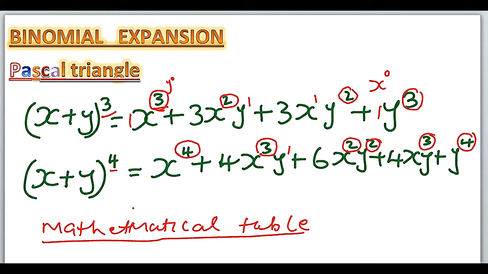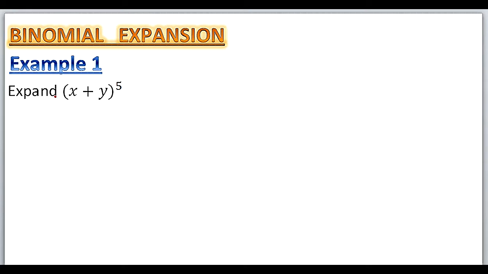So you check the index, go to your Pascal table, check the coefficients, and also note the change in indices or powers of the variables, and then you should be able to expand a binomial. So we are going to take an example and see how we can apply this knowledge. In this example, we are supposed to expand this.